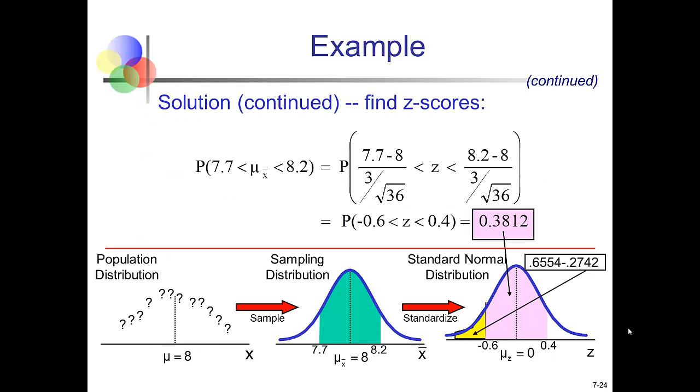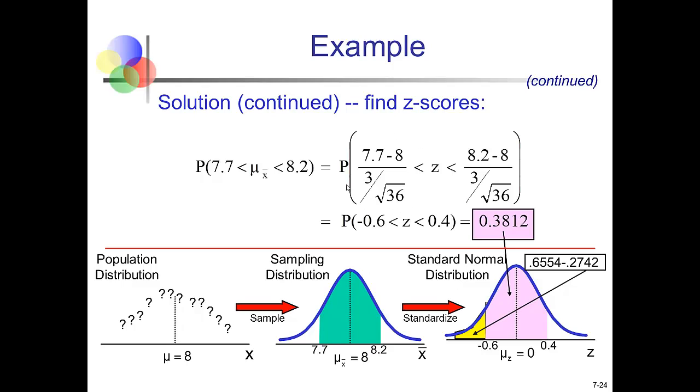To find the probability between those two values, we can just actually use NORM.DIST in Excel. So we would find NORM.DIST of 8.2 with the mean of 8 and the standard deviation of 3 divided by the square root of 36, and subtract from that the NORM.DIST of 7.7 with the mean of 8 and the standard deviation of 3 divided by the square root of 36.